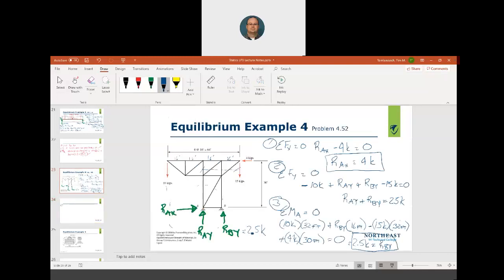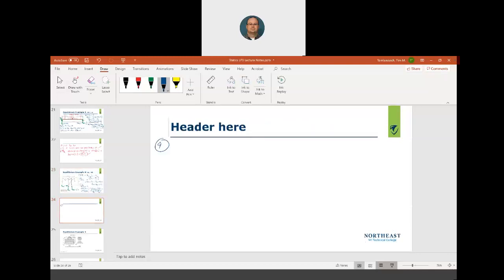Substitution. So RAY plus 2.5 kips, that's what RBY equals, right? Equals 25 kips. So that means RAY equals 17.5 kips. 25 minus 2.5.